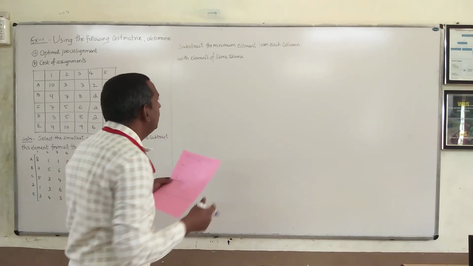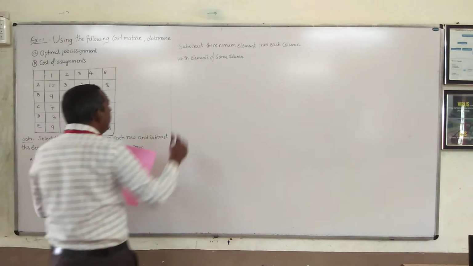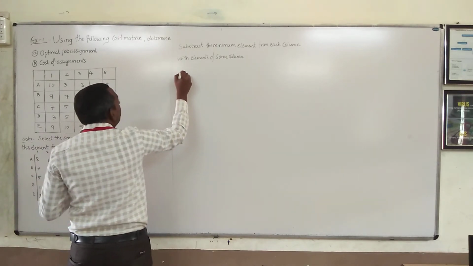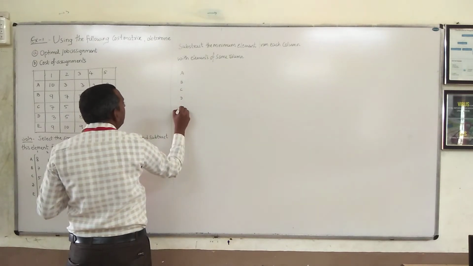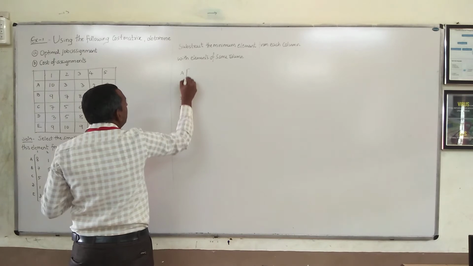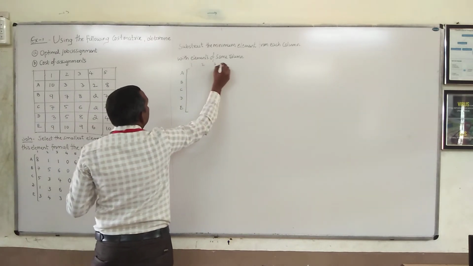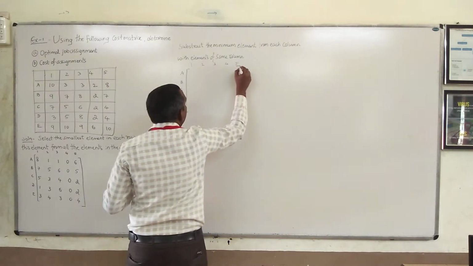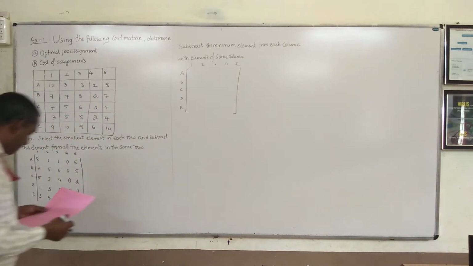Right? Subtract the minimum element from each column from the elements of the same column. So let me do this one. Let us take the column here. Let me write the values. This is A, B, C, D, E, and rows 1, 2, 3, 4, 5. Fine.